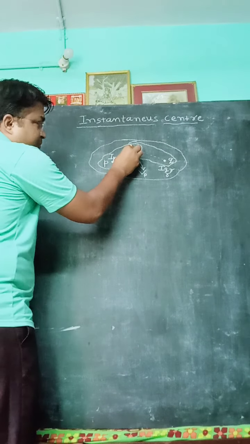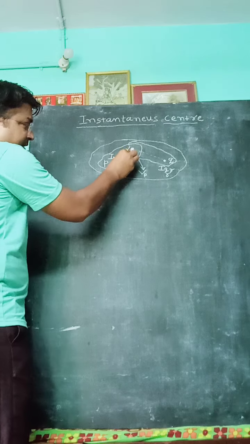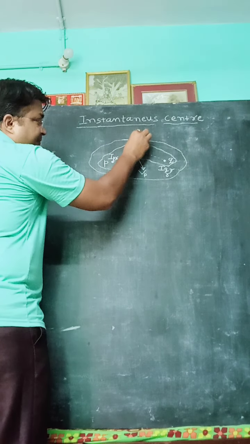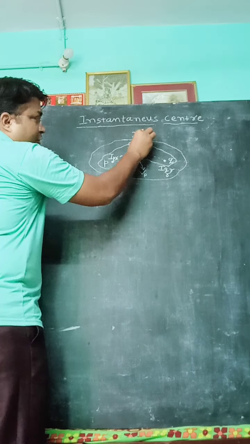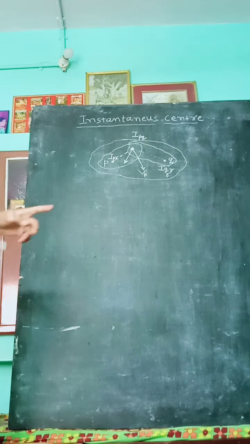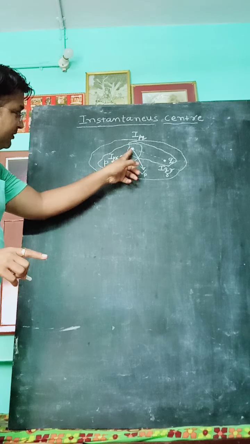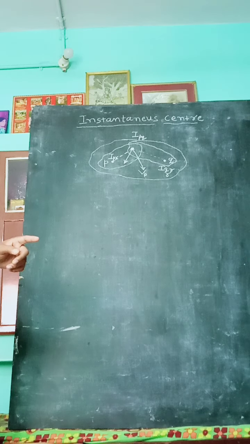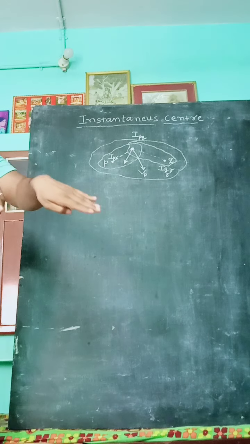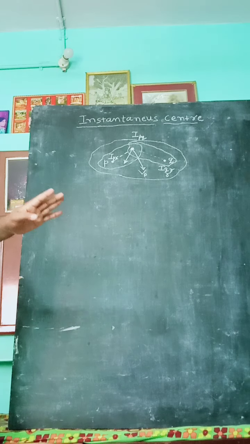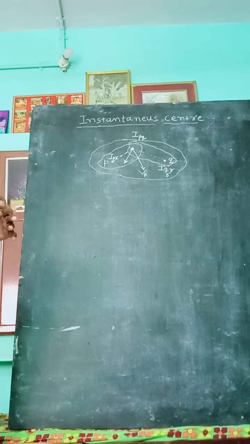But at this point, we can observe that this is the instantaneous center of P with respect to Q. So here we can observe that at this point, both velocity vectors are in opposite directions, or in different directions, and that is not true. It should be in one direction.